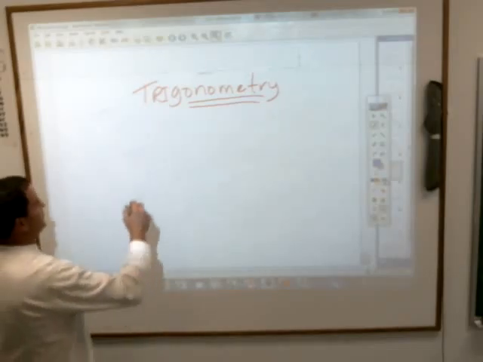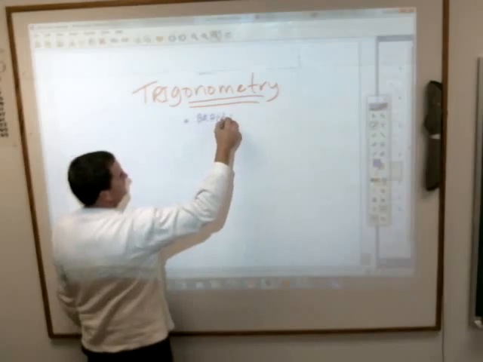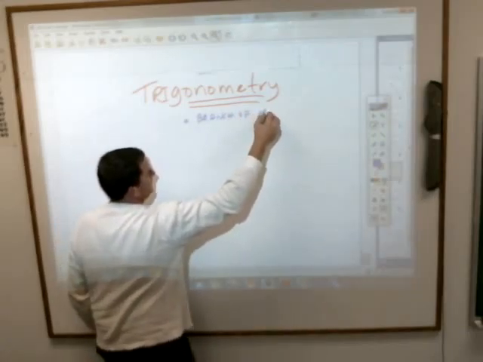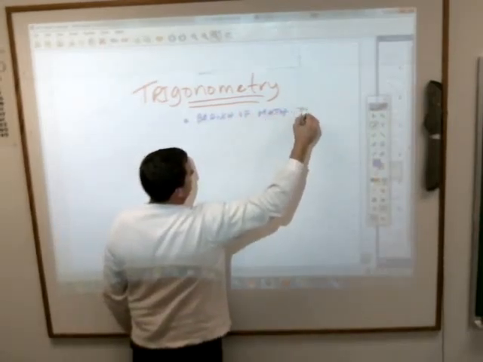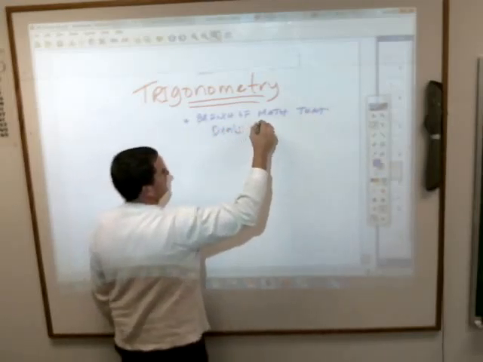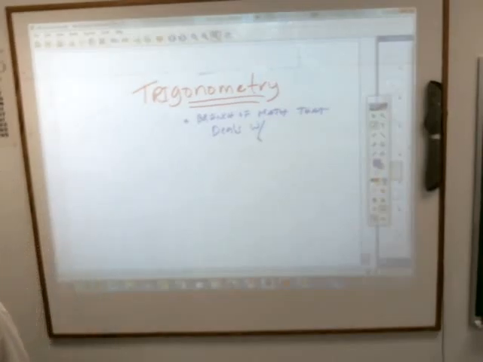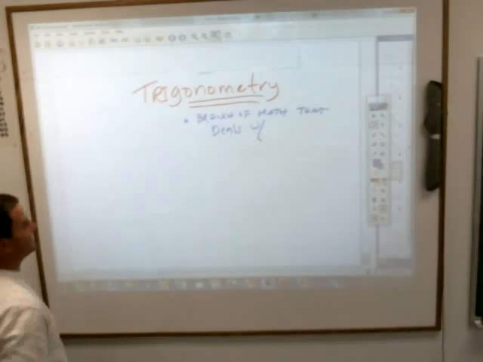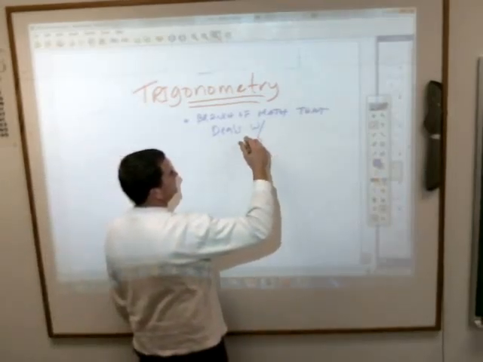Trigonometry, ladies and gentlemen, is basically the branch of math that deals with the relationship of the angles and sides of a triangle.